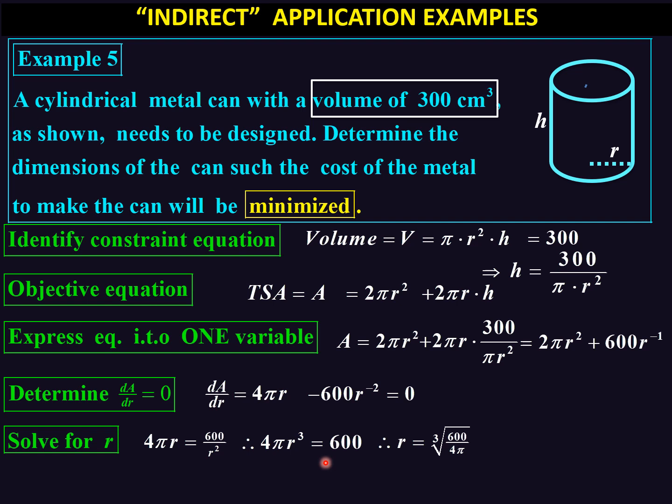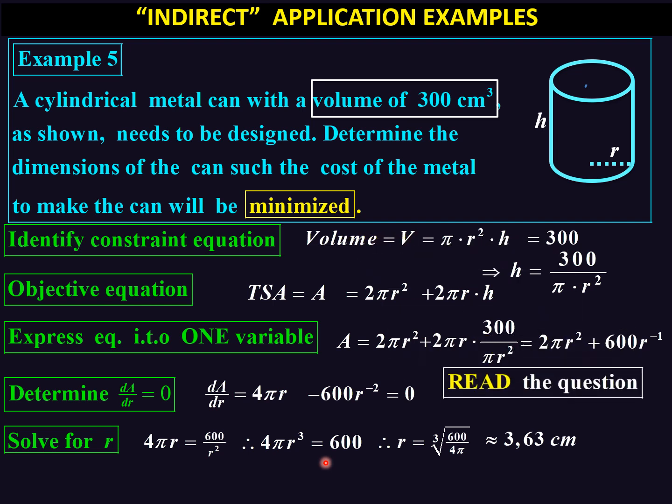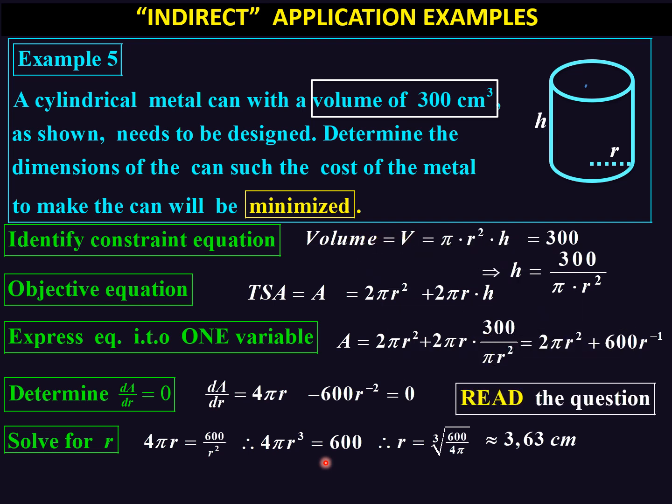We make r the subject. So r is equal to the cube root. Remember, this has to be positive. You can either leave it like that or get the decimal version, 3,63. We read our question. We also want to determine h. Right, so we have to read that, and that gives us 7,25.